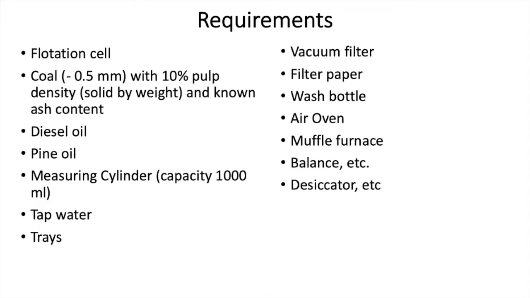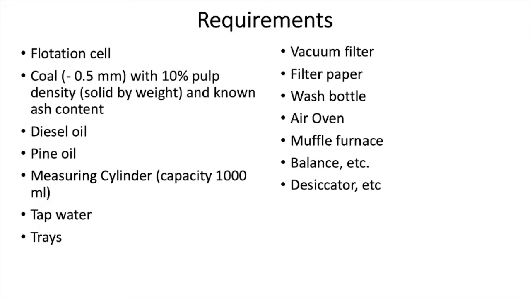Then we require diesel oil, that is the collector, and pine oil, that is the frother. We require a measuring cylinder for measuring the required amount of water. Then we require tap water, of course, normal general water is taken here. A tray to collect the froth, a vacuum filter to filter the froth, then filter paper that is used on the vacuum filter through which the water will drain.